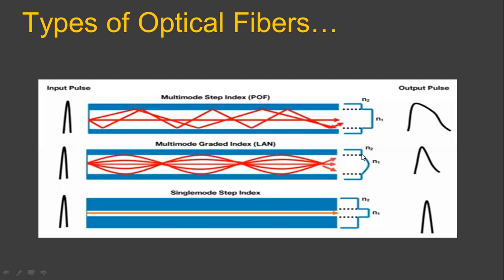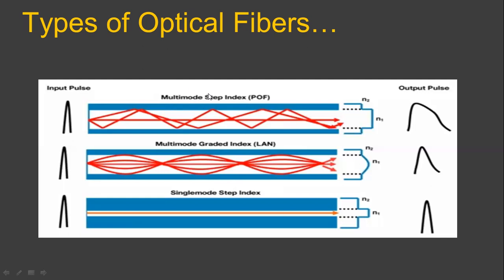But when it touches the cladding, the line goes up straight away. That indicates that inside the cladding, the refractive index is not going to change. It is uniform. The refractive index is changing only inside the core material. So such a fiber is called the multi-mode graded index fiber.